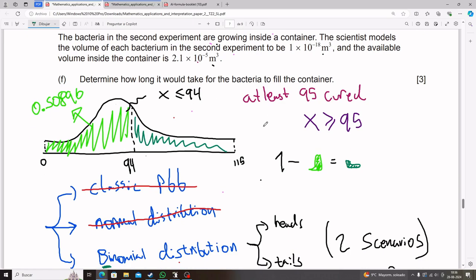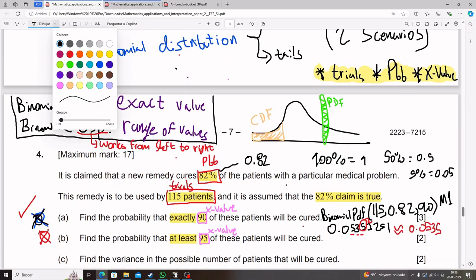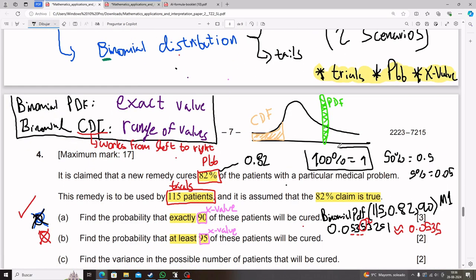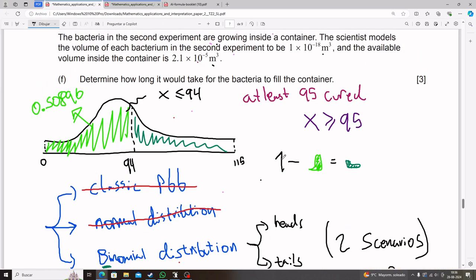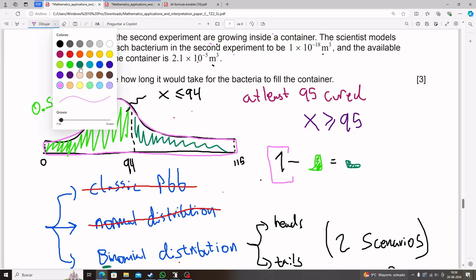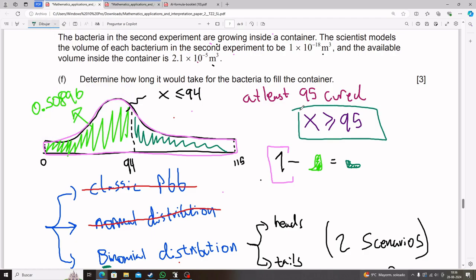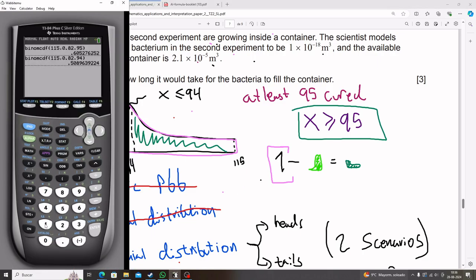Because way earlier what I told you was that in terms of percents, 1 equals 100%. So here you're taking the whole distribution, the 100%, and you subtract the light green, so you have to end up with dark green. And dark green has to be greater than or equal to 95. So we follow that procedure. We're going to do 1 minus what we got right there.